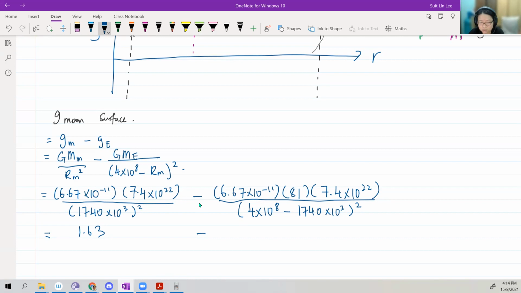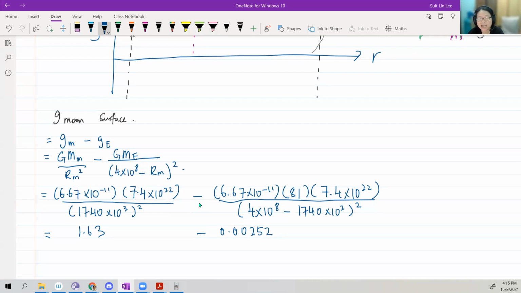Times 81. 7.4 divided by, minus, 174. Okay, so this is 0.0025. Do you ignore or not? 252.